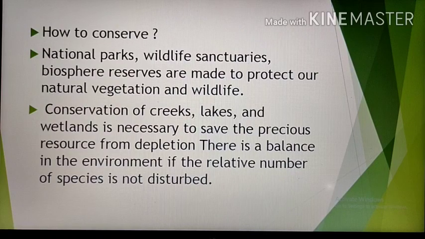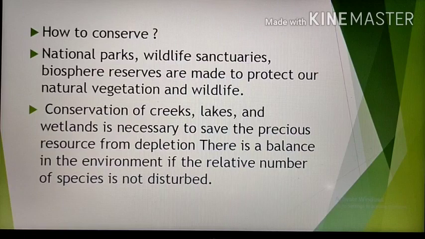The animals are poached for collection and illegal trade of hides, skins, nails, etc. Some of these animals are tiger, lion, elephant, rhinoceros, etc. These can be conserved by increasing awareness.